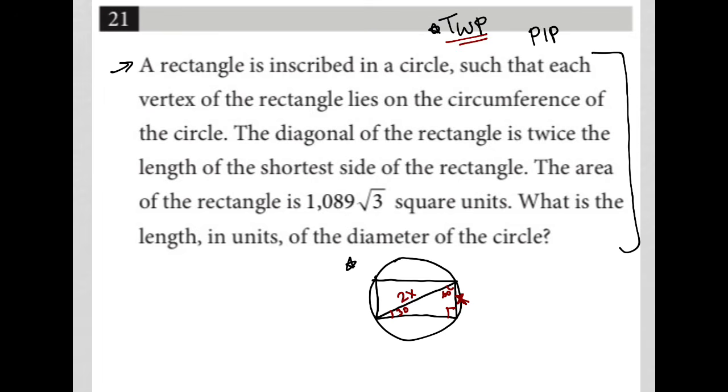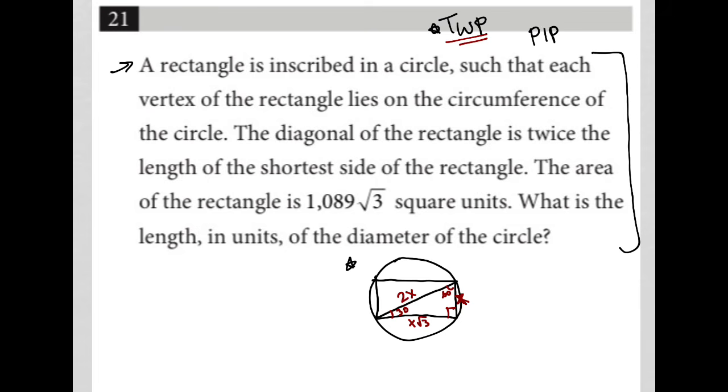The question doesn't tell us we have a 30, 60, 90 right triangle, but it does, in fact, give us enough information to figure out that that's exactly what we have, which means I know, based upon the 30, 60, 90 right triangle in your reference sheet, that this has to be x square root 3, right? The long side of a 30, 60, 90 right triangle has a length that is x square root 3.